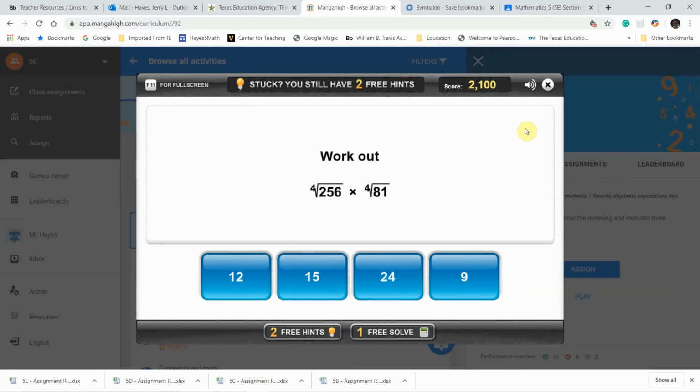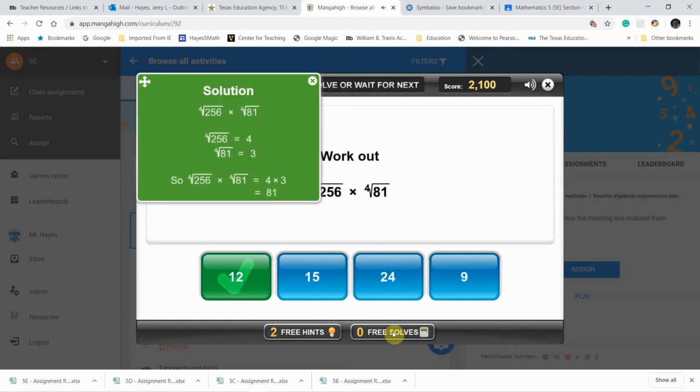Ooh, that equals 1,000 and something. Alright, let's try 3. 3 times 3 times 3 times 3. That's 81. Okay, it's starting to click now, so let's go ahead and tell it to solve it for us. Let's see what it says.